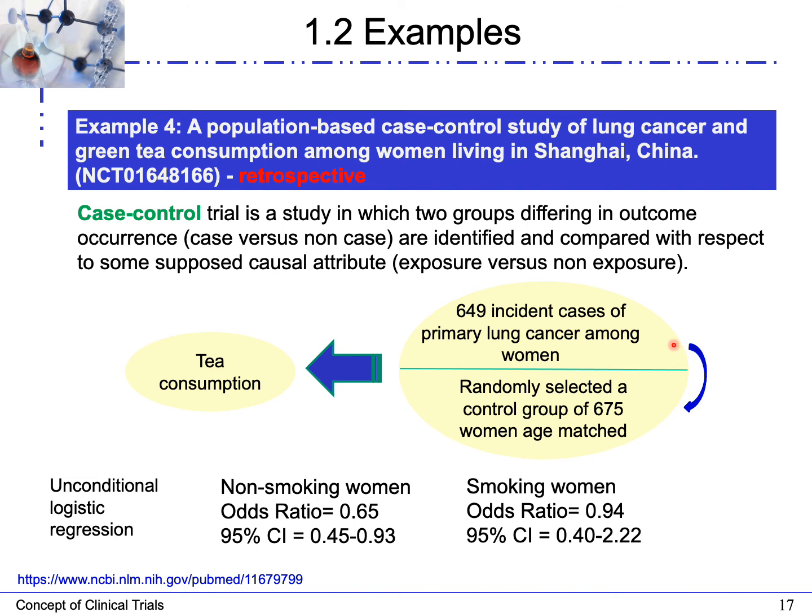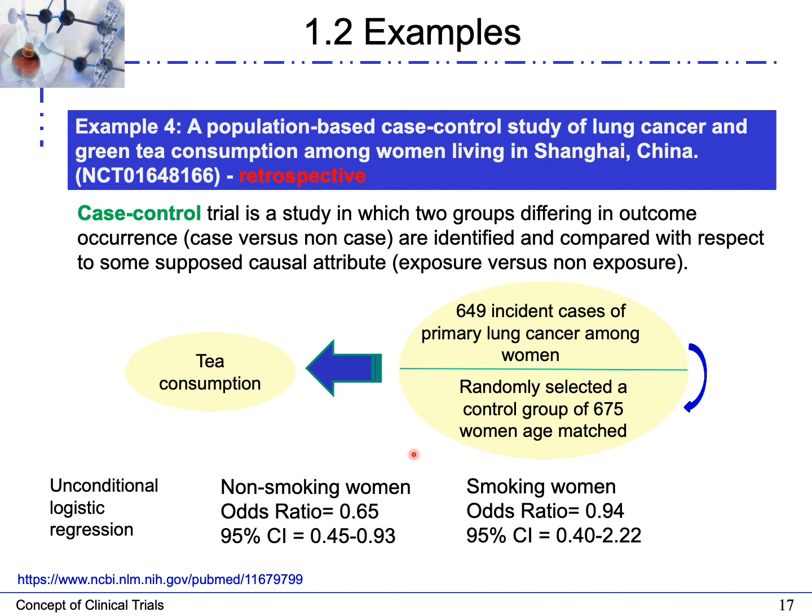And then they randomly selected a control group of 675 women from the same geography, but from the residential registry. And they matched according to age distribution of the cases. And then green tea consumption was ascertained through face-to-face interviews, but looking retrospectively.